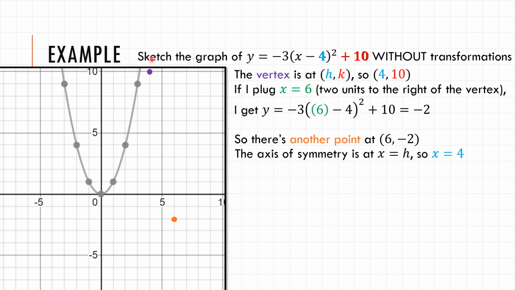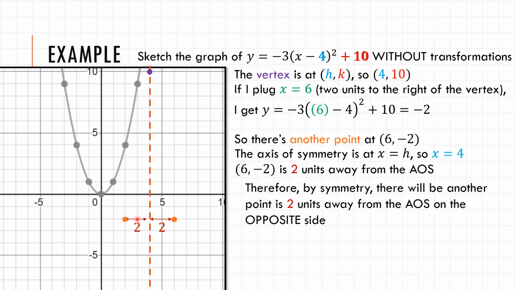I know the axis of symmetry goes right through the vertex at x equals 4. And the reason it's called the axis of symmetry is because if there's a point here that's 2 units away, then there will be another point here, also 2 units on the left side. That's what symmetry is. This is like a mirror for every single point on the parabola.